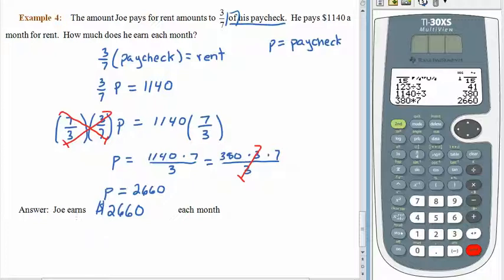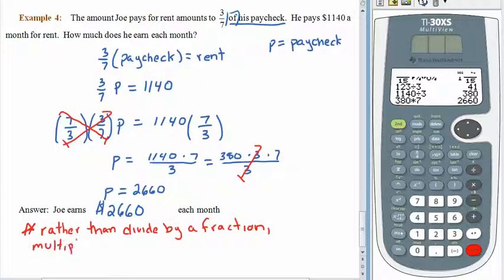So what's the big lesson here? Rather than dividing by the fraction, what we're going to do is multiply both sides of the equation by the reciprocal.